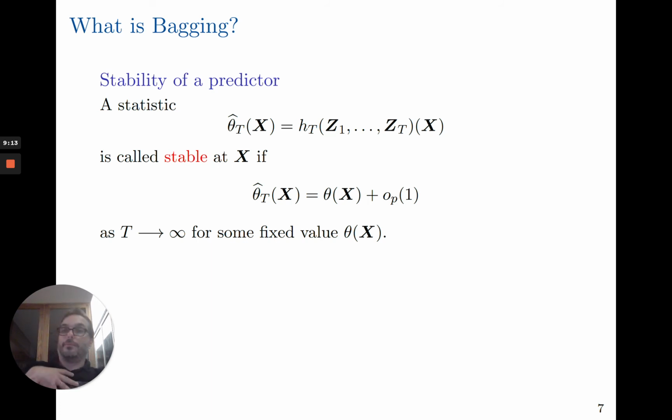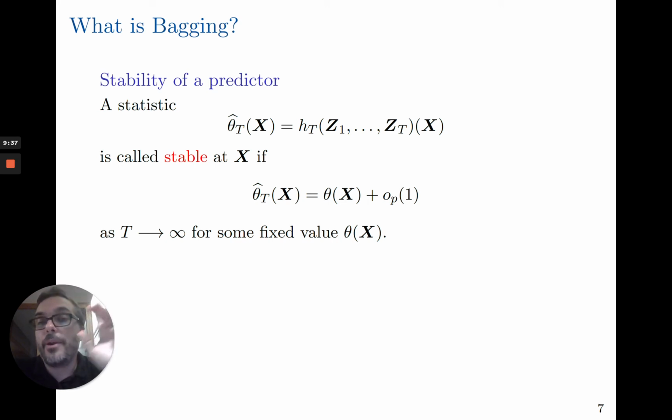So what's an unstable predictor? Let's define what a stable predictor is. Let's take our statistic, our theta hat. This is called stable at x if it converges to a fixed value theta of x plus some term that vanishes as T goes to infinity.